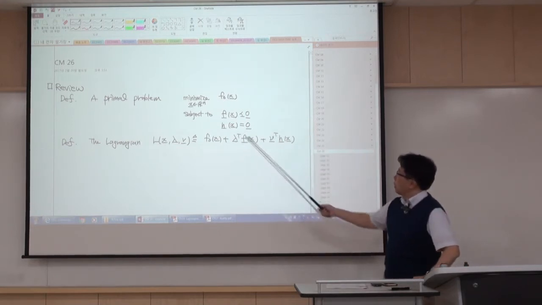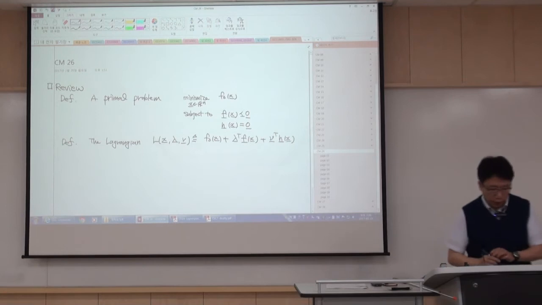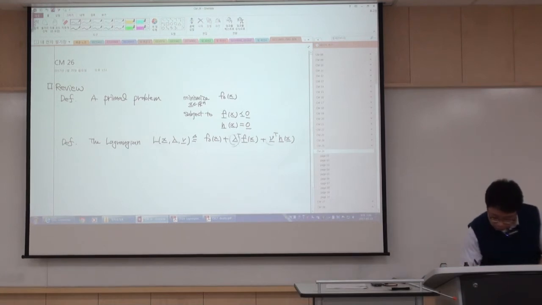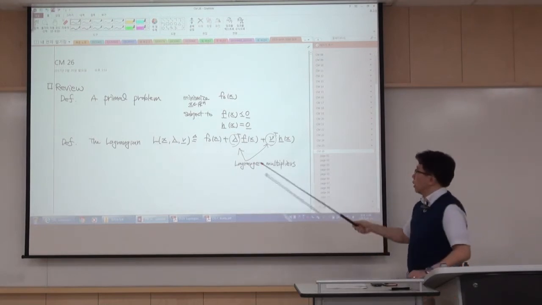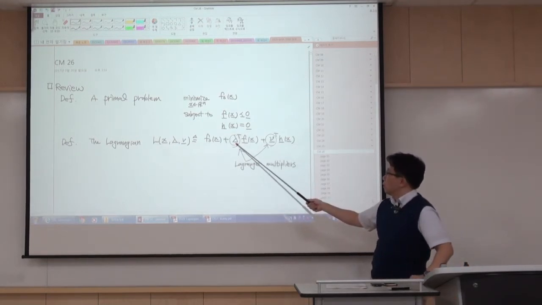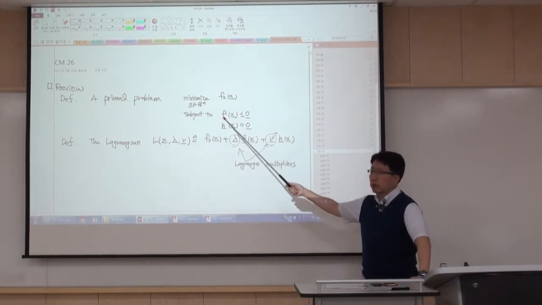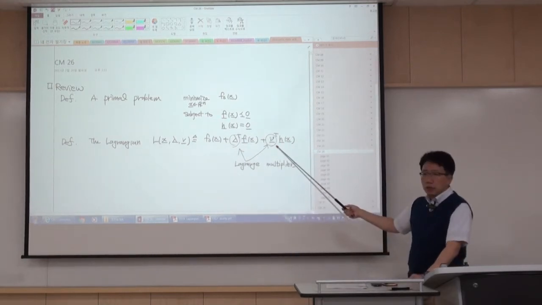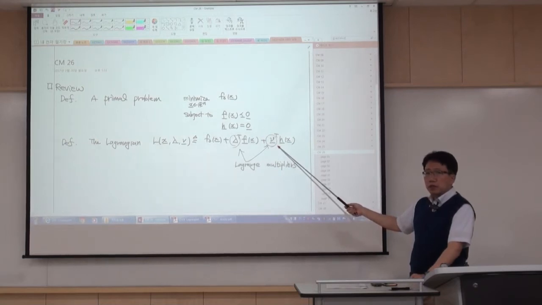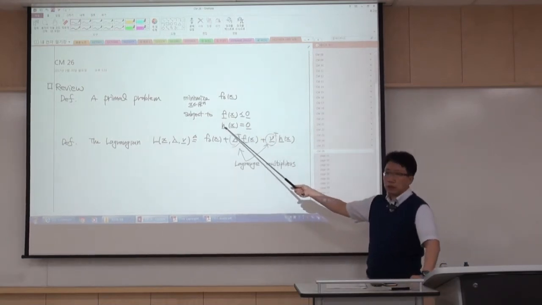Here, lambda and nu are called Lagrange multipliers. Lambda is the Lagrange multiplier associated with the inequality constraint function, and nu is the Lagrange multiplier associated with the equality constraint function.